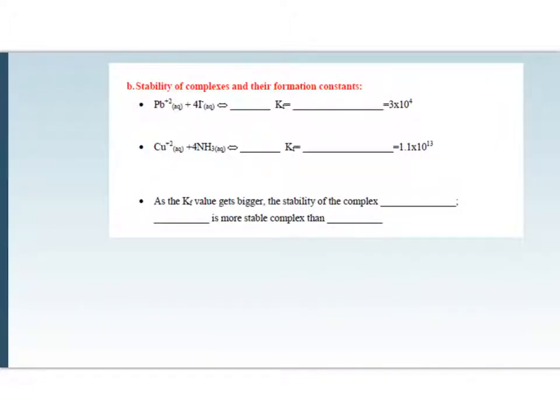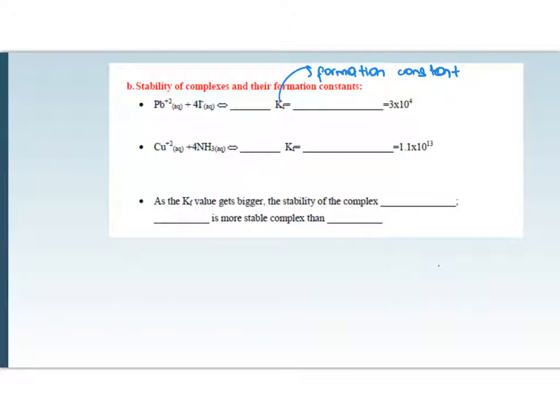Stability of complexes and their formation constants. Now, why do we have this topic in this chapter? Because complexes have a kind of Ksp values. In this case, it is called the formation constant. And when the value of the formation constant increases, the stability of the complex increases also.